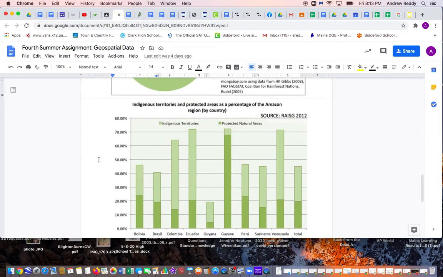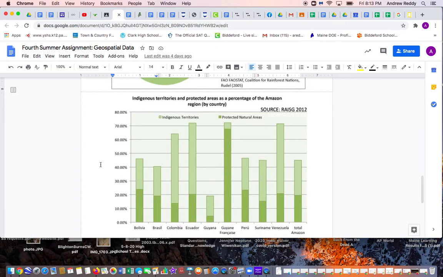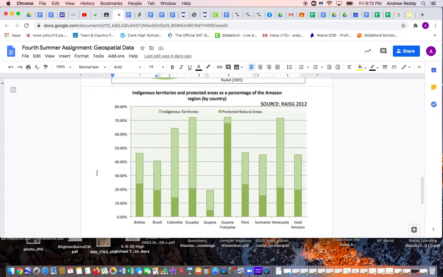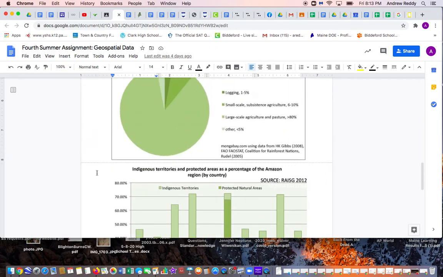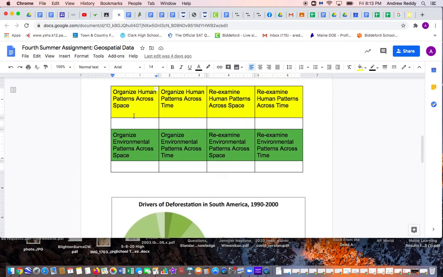For the second chart, the indigenous territories and protected areas, you have two human patterns in this chart as well. Again, you're looking at human patterns up here.